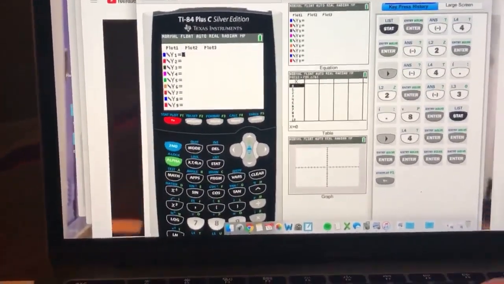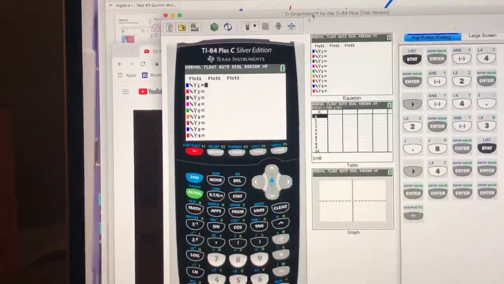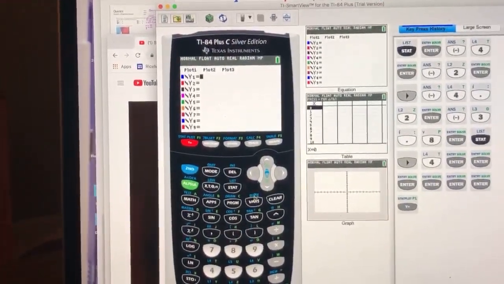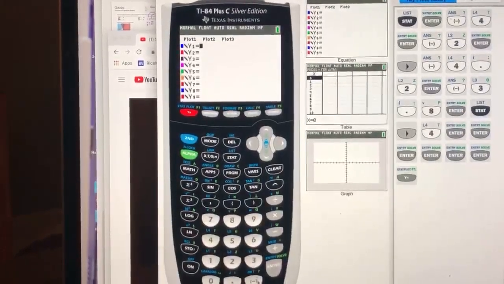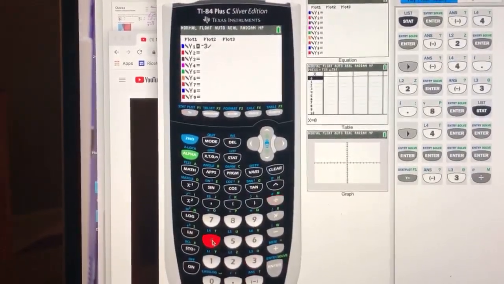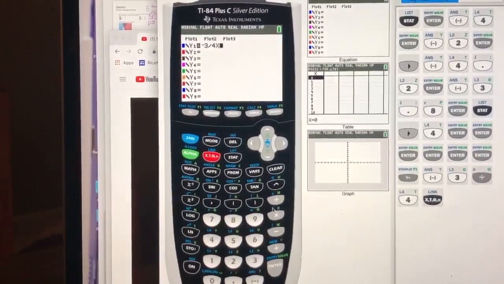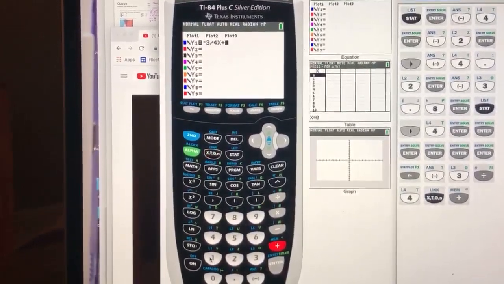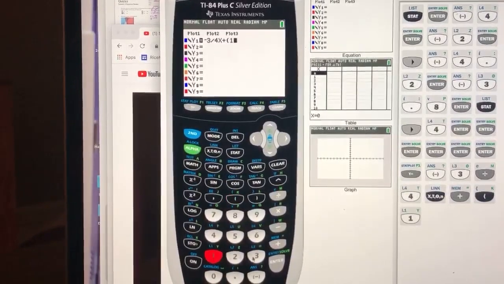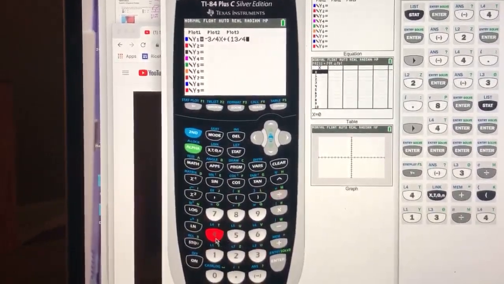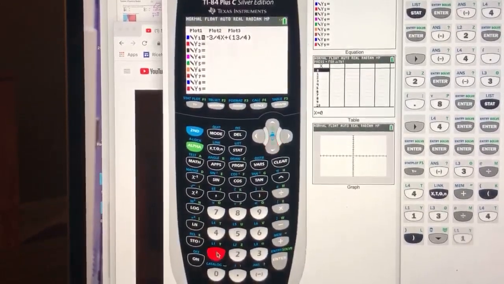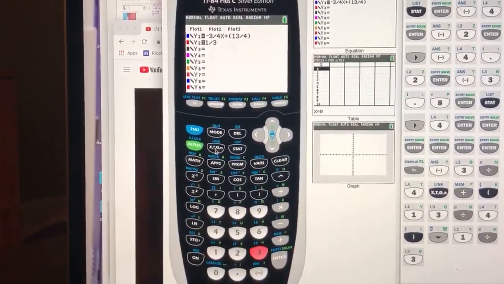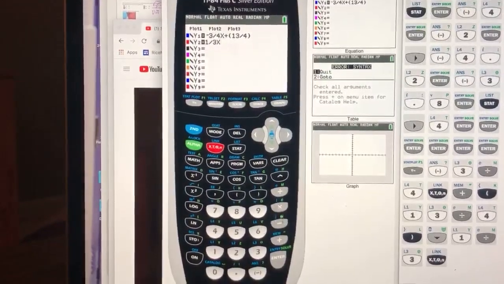So we're going to type these in. Negative 3/4 x plus 13/4. The second equation was 1/3 x minus 1.